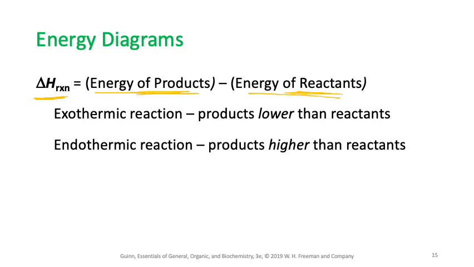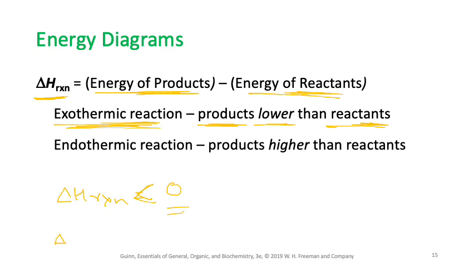If this number comes out negative, let's say delta H of the reaction comes out to be less than 0, that means the reaction is exothermic, because you lose some energy to the environment. That means the product has lower energy compared to the reactant, because energy cannot be created nor destroyed. So the product has less energy compared to the energy that the reactant had, right?